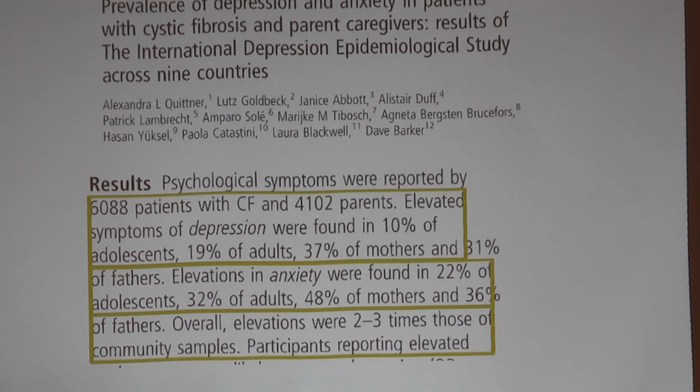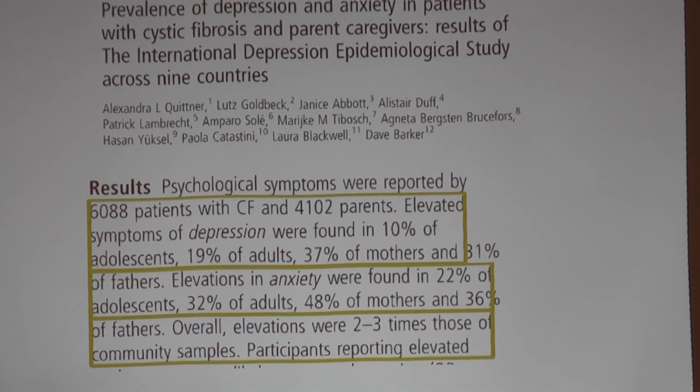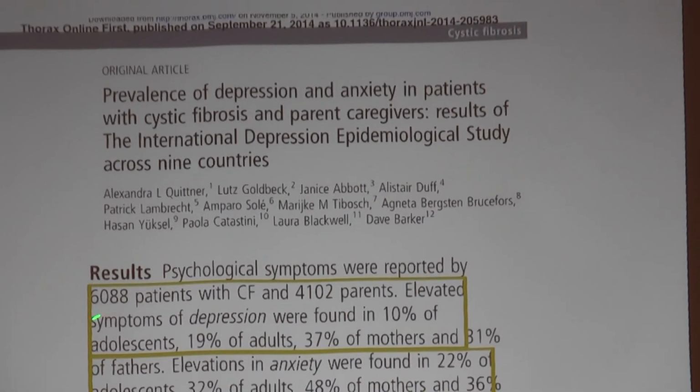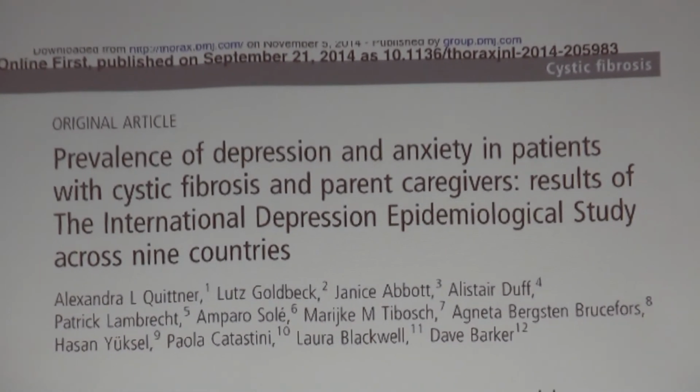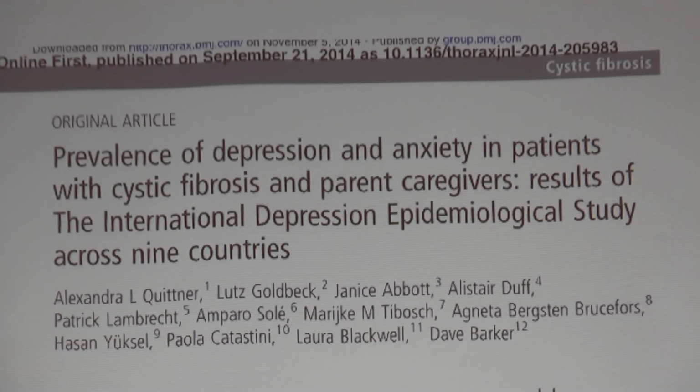One of the most important studies in this area was published relatively recently, and I just wanted to highlight that. This is a study that was done in over 6,000 patients and 4,000 parents of patients in 9 different countries using validated, accurate measures for depression and anxiety.